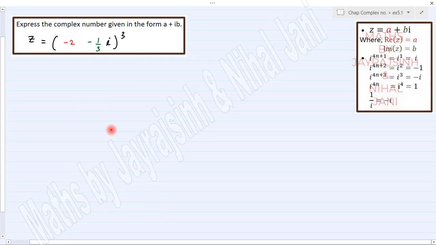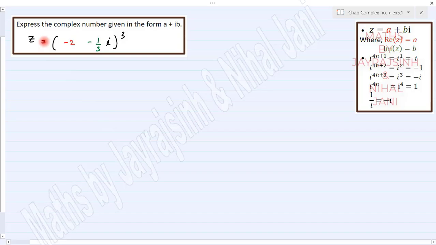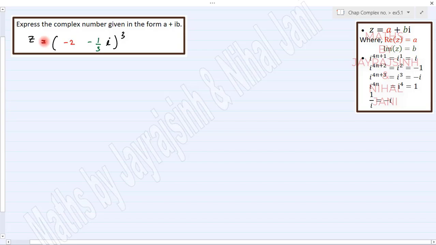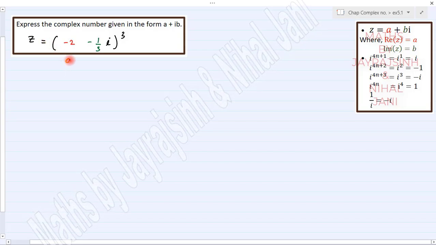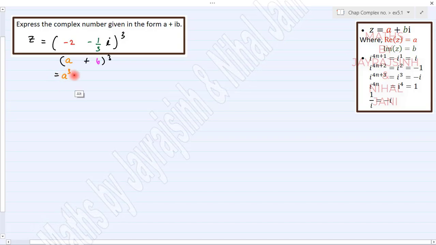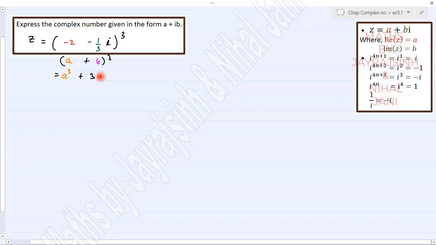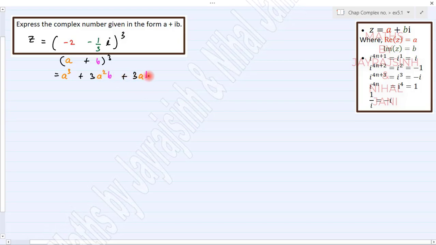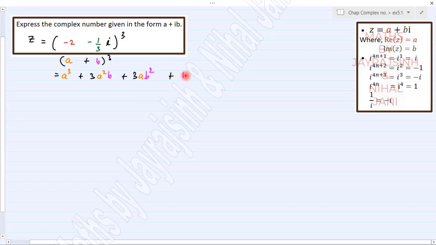In this question, you have to simplify your complex number minus 2 minus 1 by 3i whole cube in the form of a plus ib. Actually, your complex number is in the form of a plus b the whole cube, which can be expanded as a cube plus 3a square b plus 3ab square plus b cube.